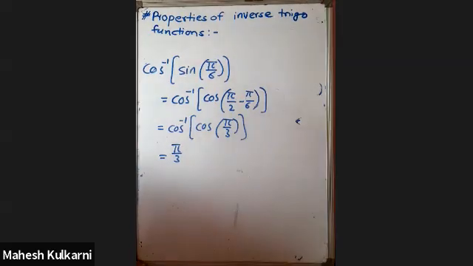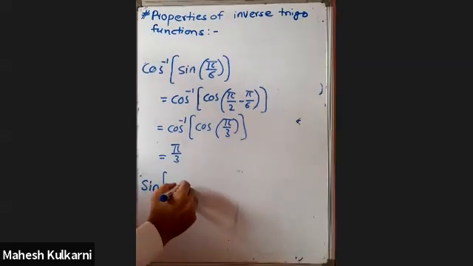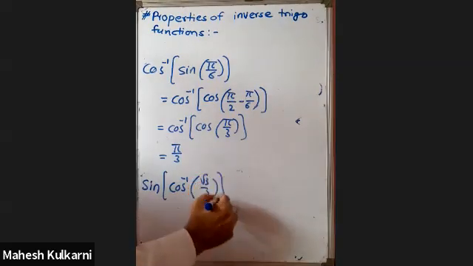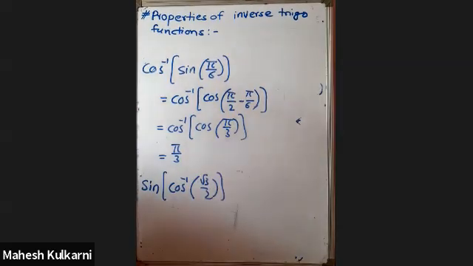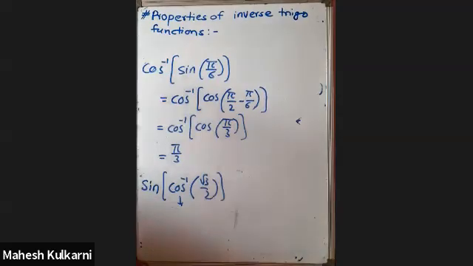And if the question is like this, sine of cos inverse of root 3 by 2, then how to solve this? Here also we can use the property for this cos inverse of root 3 by 2.